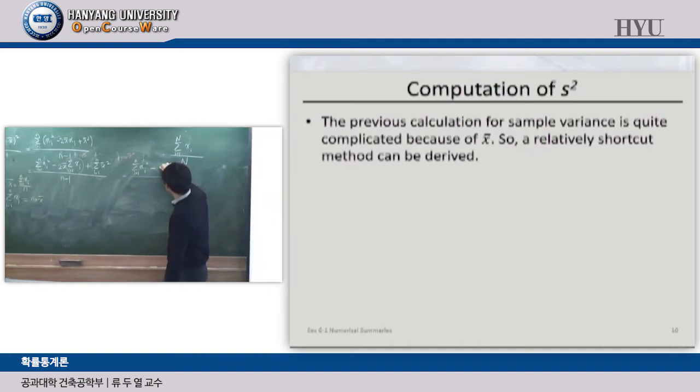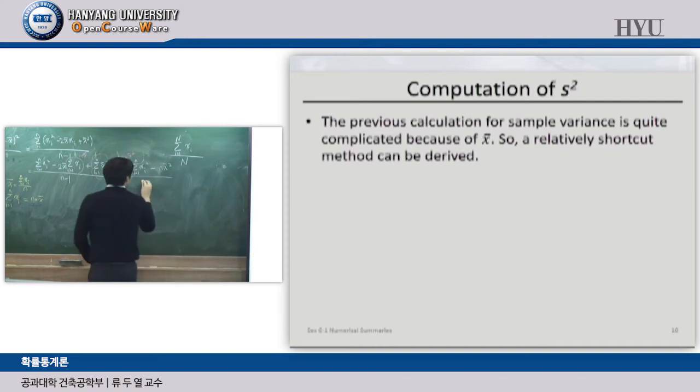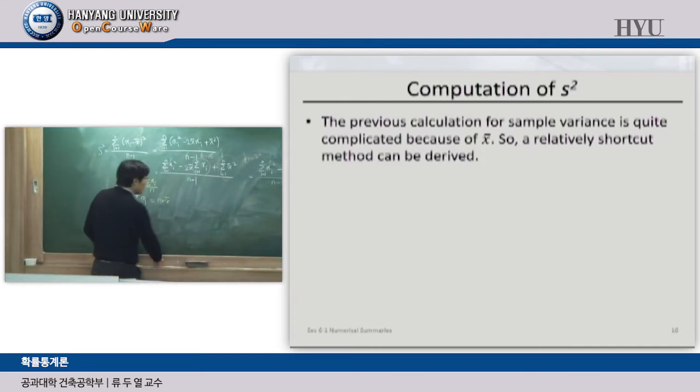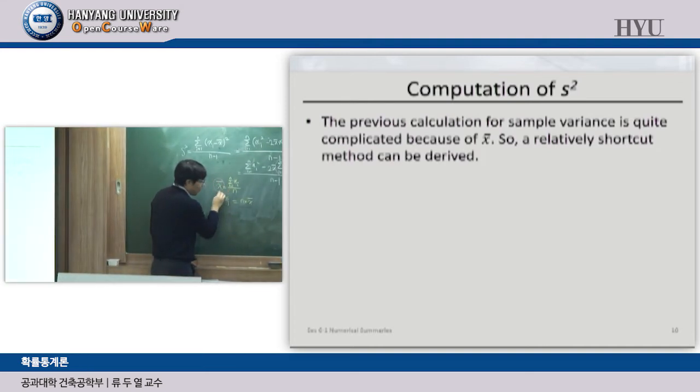So this is n times x bar square, minus, okay? So over n minus 1. And here, the x bar is also equal to the summation of xi over n.